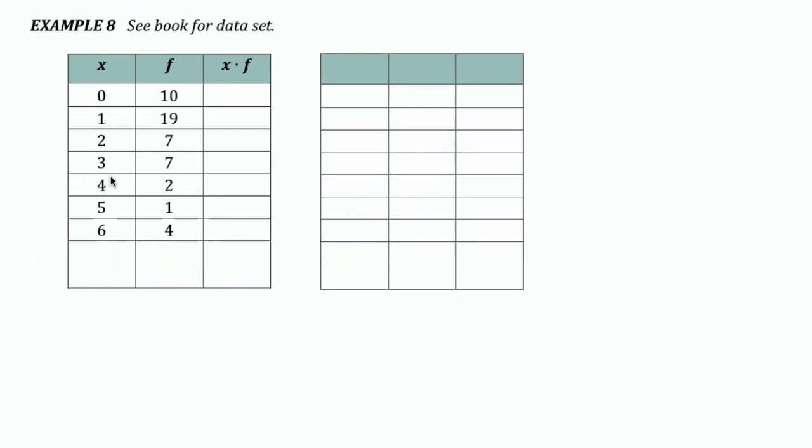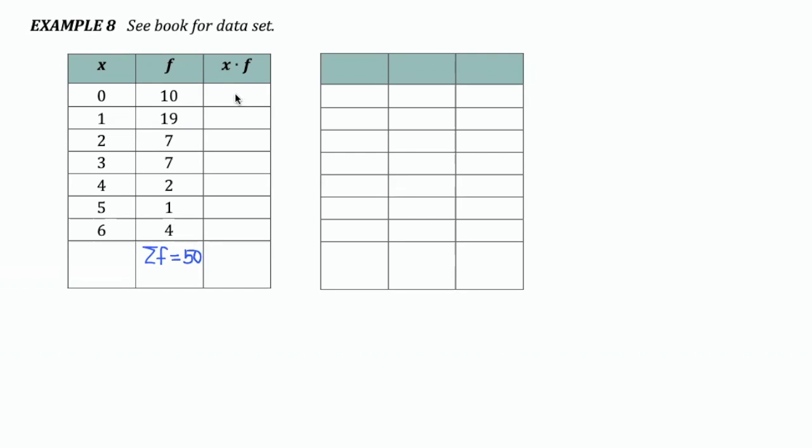So what we're going to need to do here is, rather than totaling my x's, I will want to total my frequencies. And these numbers will add up to 50. So I have a total of 50 pieces of data.